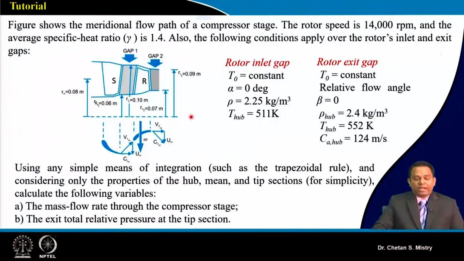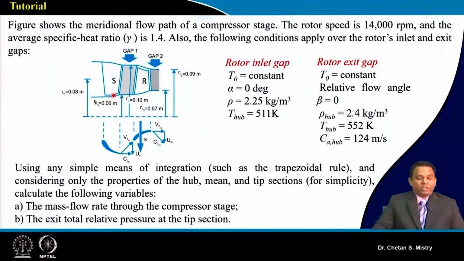Now at the rotor exit, this is the region where this information is given. At rotor exit, T0 is constant, my relative blade angle beta 2 is equal to 0. Density at the hub is 2.4 kg per meter cube, hub temperature is 552 Kelvin, and my axial velocity at the hub is 124 meter per second.